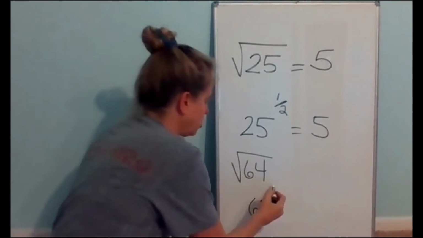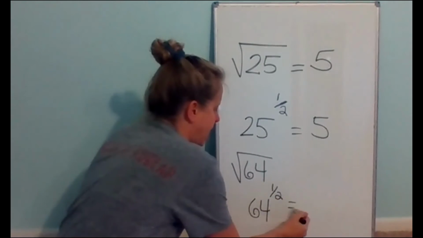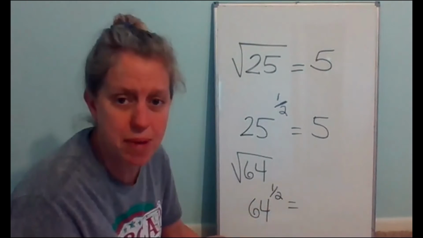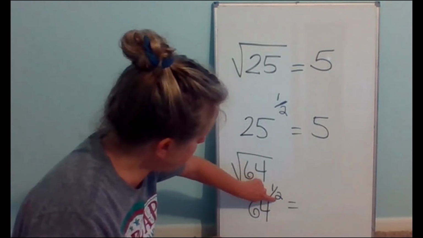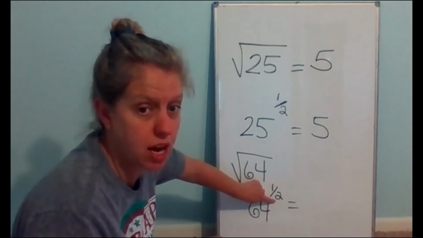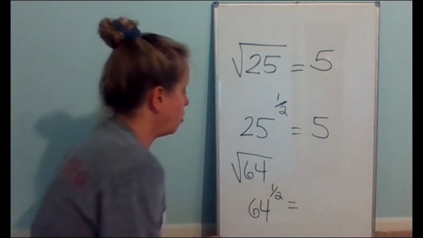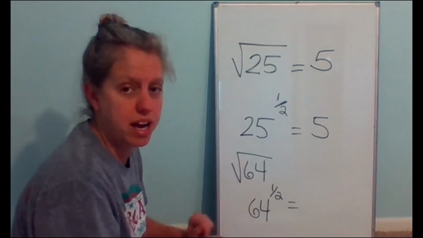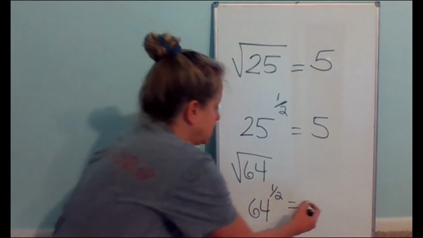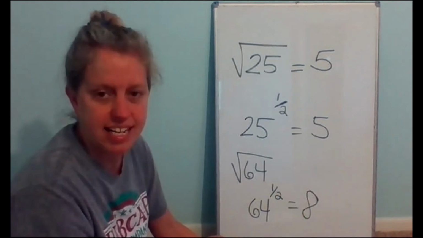If it's square root, that means 1/2 power. So what does that mean? It doesn't mean half of 64. It means the second or square root of 64. So what number? These two things mean the exact same thing. So what number times itself 2 times is 64? 8.